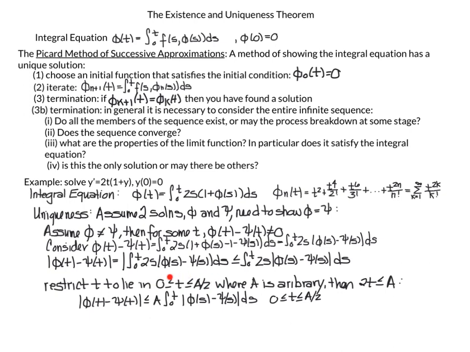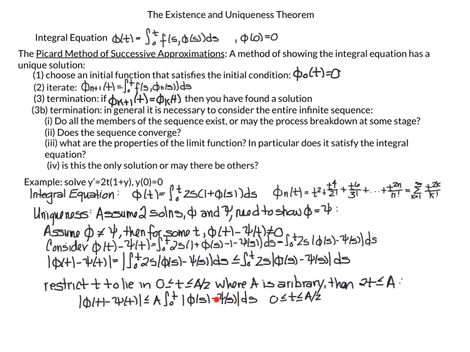So we're going to focus on this small interval. a is arbitrary, t goes from 0 to a over 2. And from this, t is less than or equal to a over 2, so we get that 2t is less than or equal to a. So now just looking at this part, the absolute value of phi of t minus psi of t is less than a times our integral without this 2s, so the integral from 0 to t of the absolute value of phi of s minus psi of s ds.